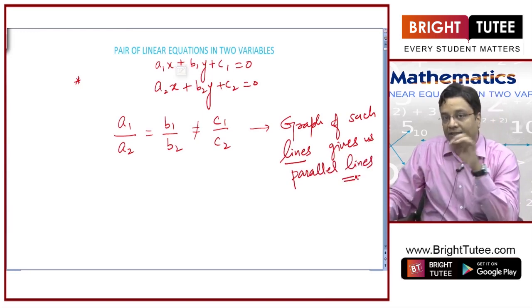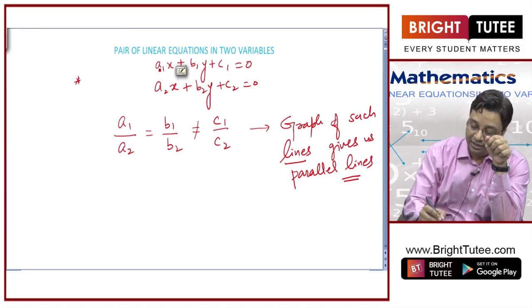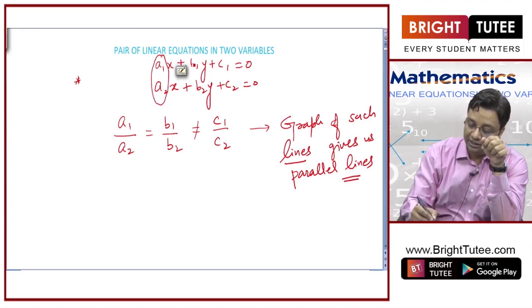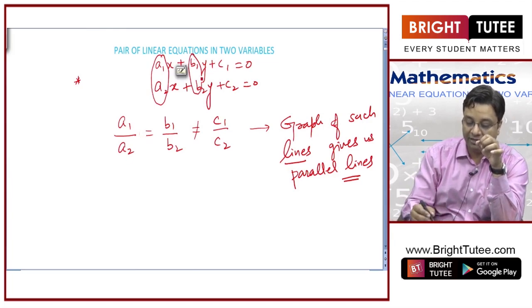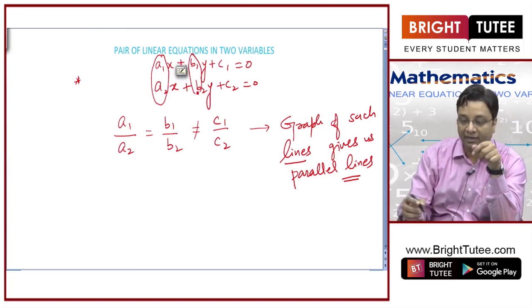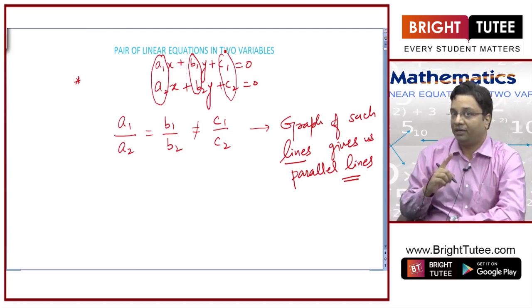right. This is the observation that I made in the first exercise that we just finished, that when these coefficients were in a relation where a1 by a2 was equal to b1 by b2 and it was not equal to c1 by c2, these lines were parallel lines.